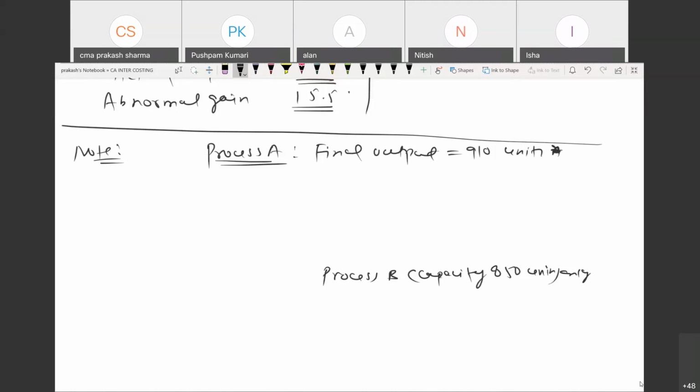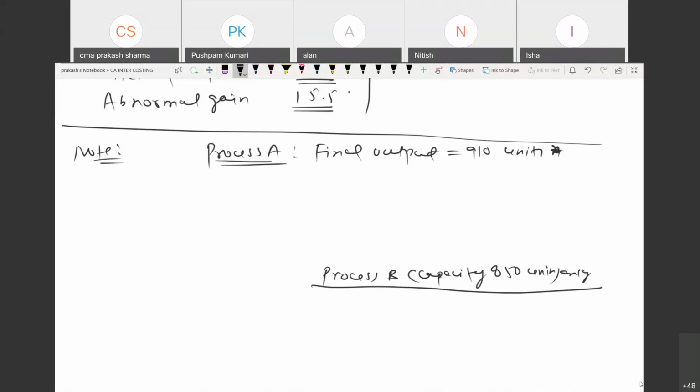The output obtained in process A was 910 units. These 910 units are supposed to be transferred to the next process, which is process B. But our process B has a limiting capacity of 850 units only. It means process B can take only 850 units at one time.